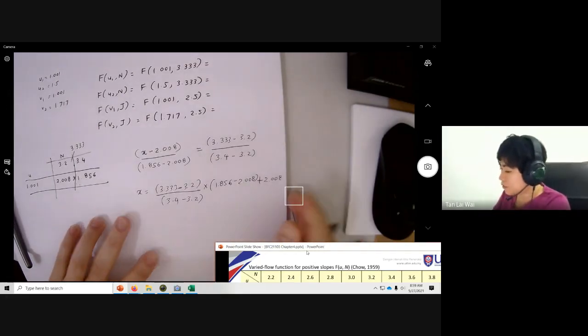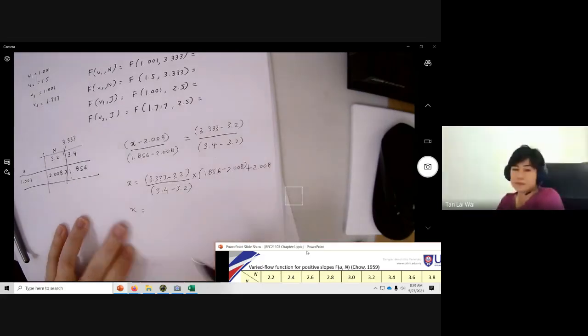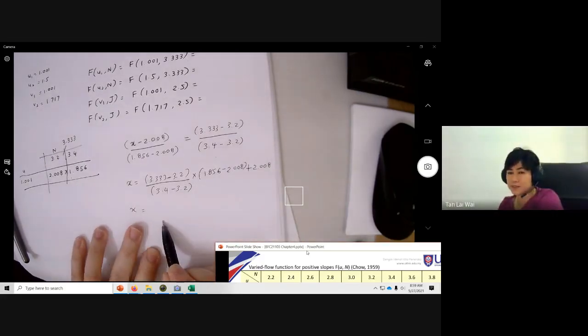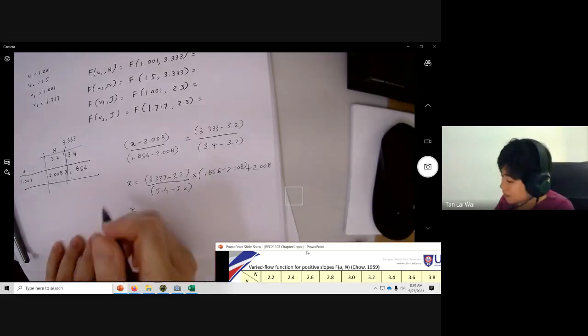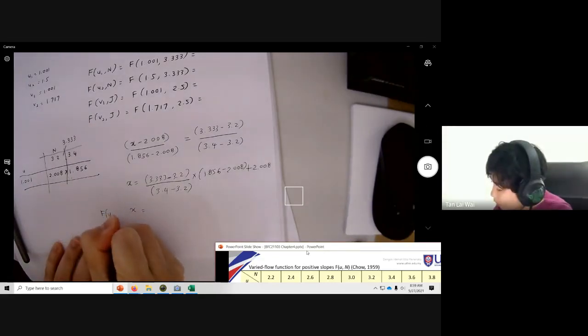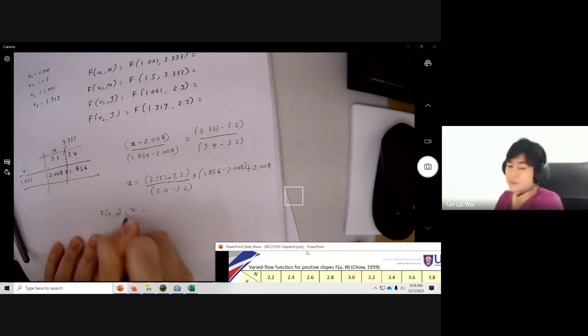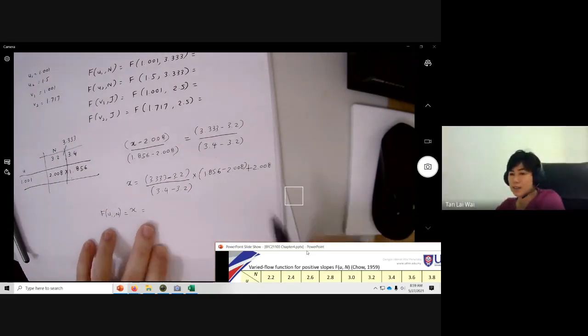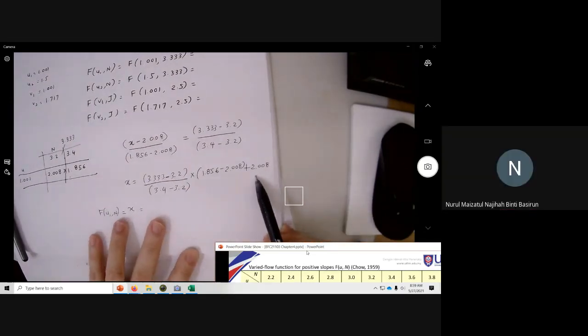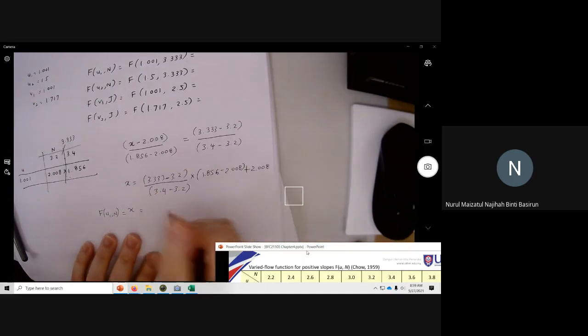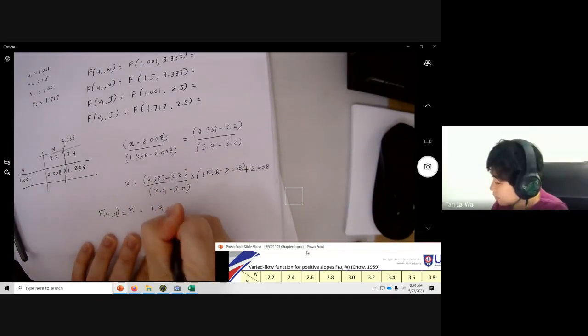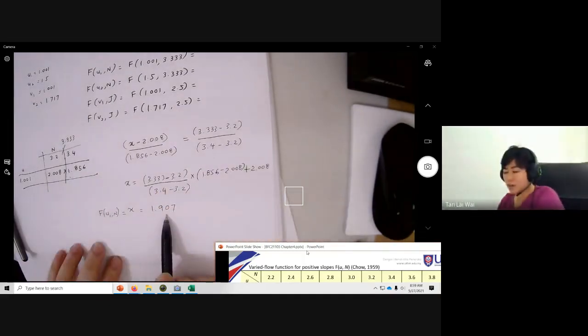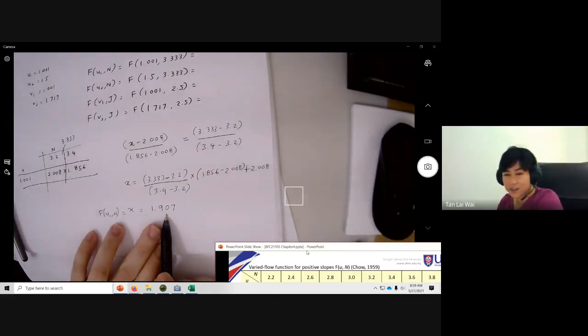Can anyone help me solve x? Now this x should be your FU1N. Can you help me calculate this, guys? 1.907. Now, I would say this is correct.